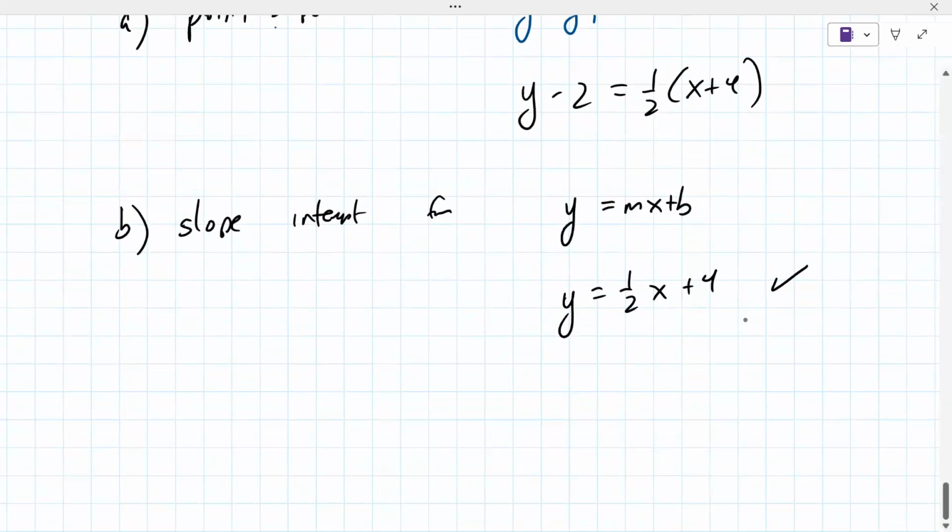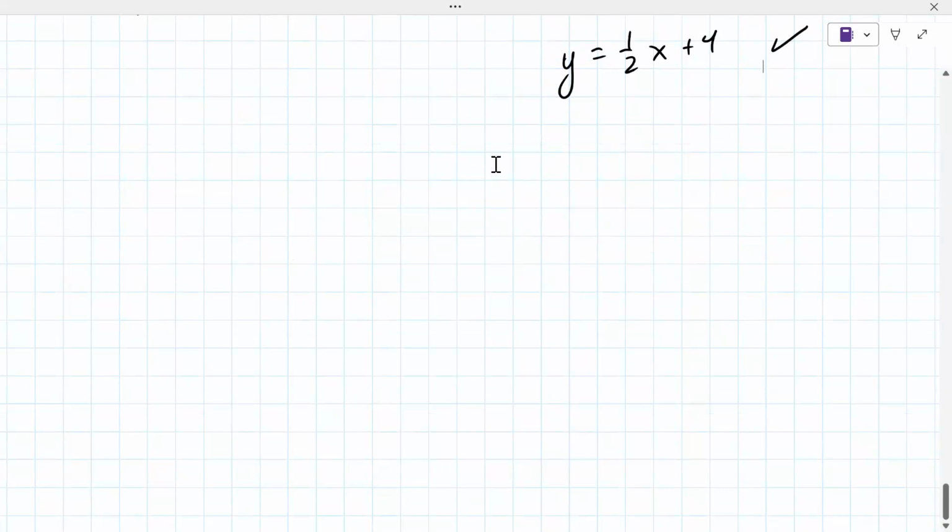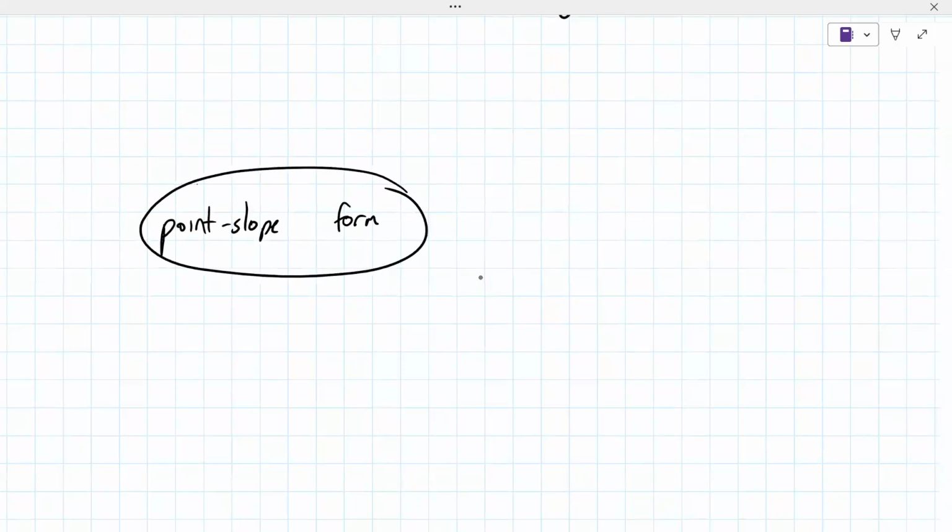Very good. Okay. So there's kind of this flow chart that we could draw based on the information you're given. But the general thing here is that you always go from point slope form to slope intercept form.